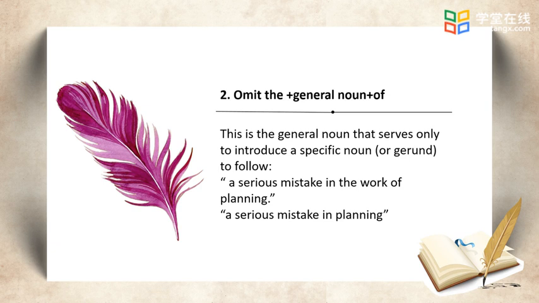In such constructions, the first noun announces the category of the second. In this case, it tells the reader that planning falls into the category of work. That is something they already know. Accordingly, the first noun should be deleted to produce: a serious mistake in planning.